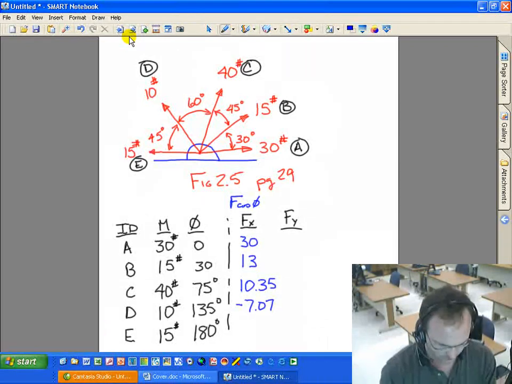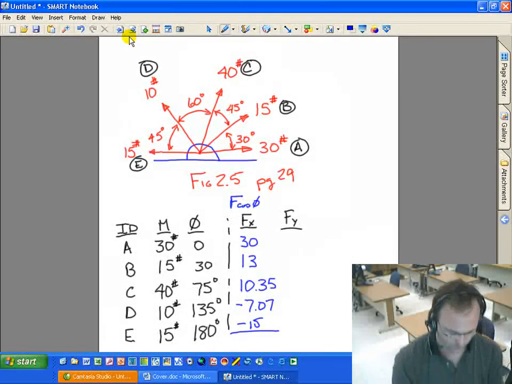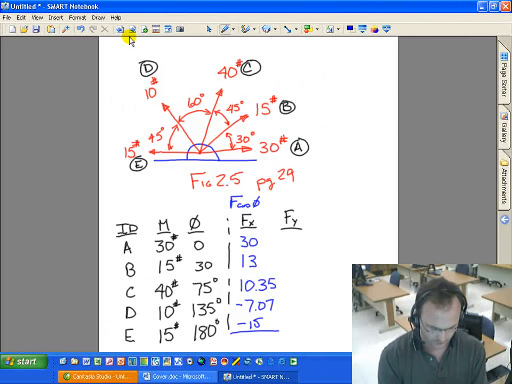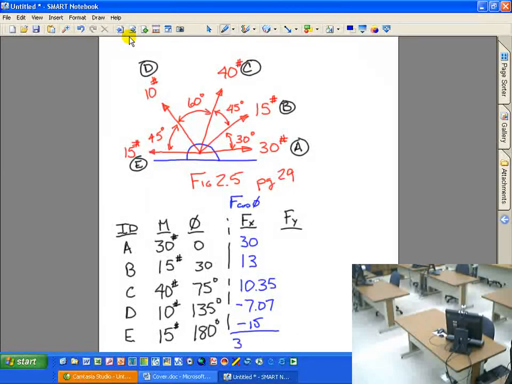And then 15 times 180 cosine gives me negative 15. For a total of 30 plus 13 plus 10.35 minus 7.07 minus 15 equals 31.3 pounds in the x.